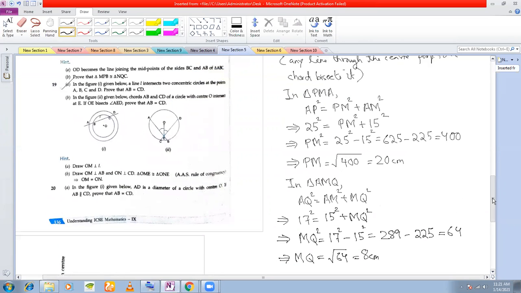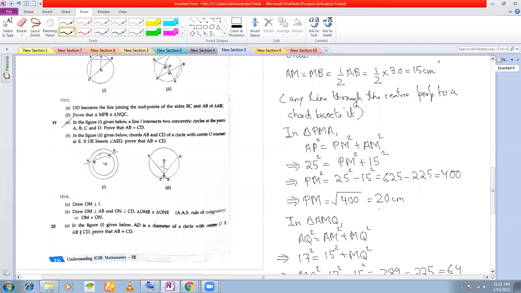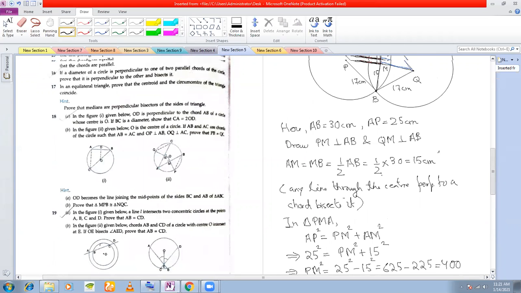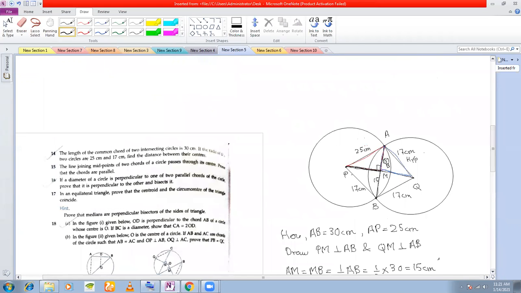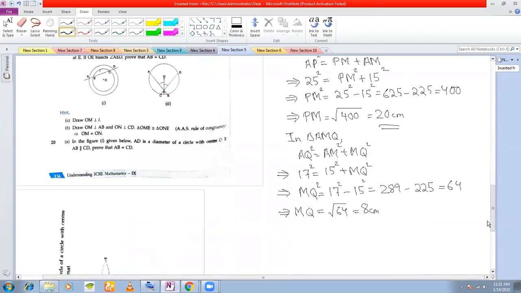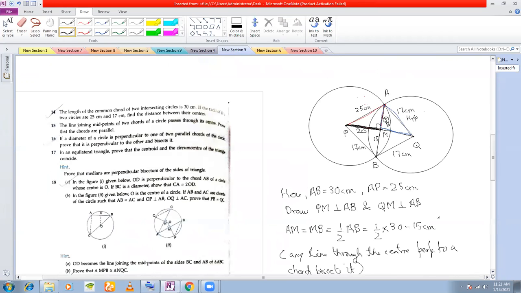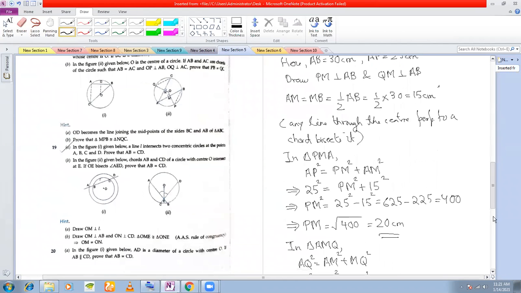So what you see here is that you have got the length of PM as 20 centimeters, this entire length. And MQ, you have got the length as 8 centimeters. Therefore, what is the distance between the centers? 20 plus 8, which is 28.